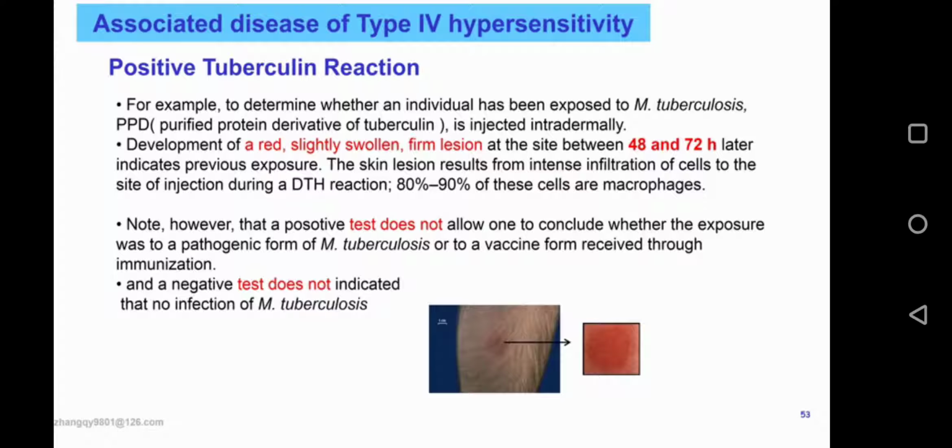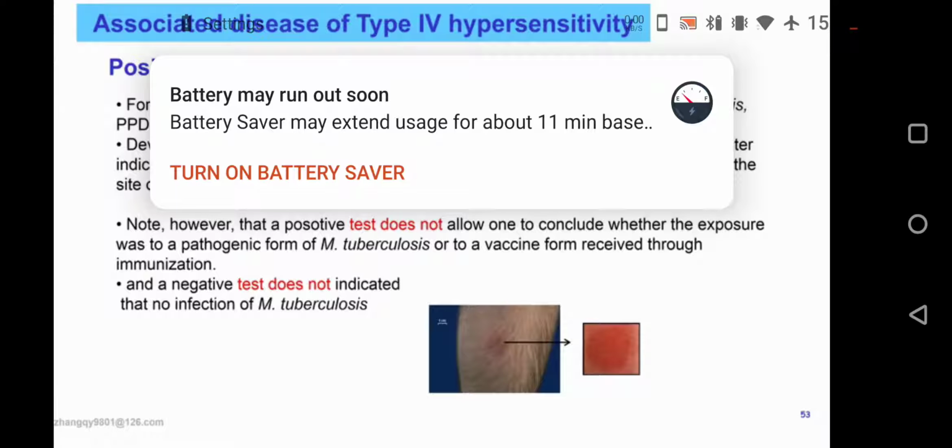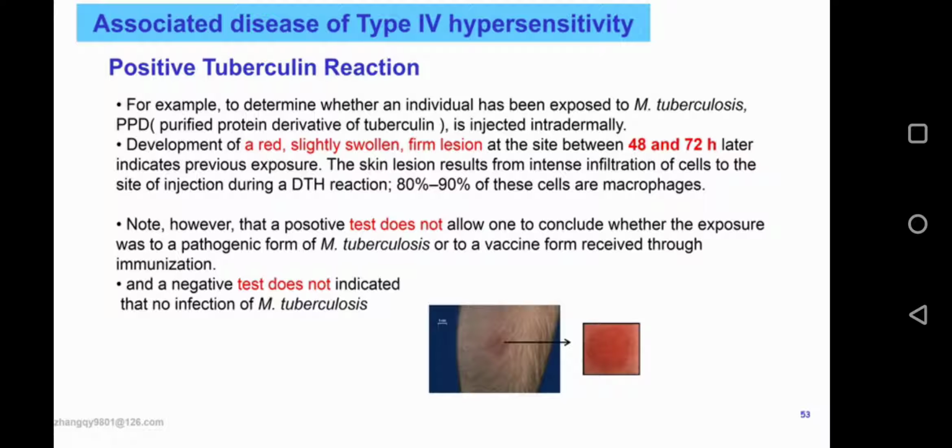Why is there a negative response? It means no response, right? Why is there no response? I think as a doctor, you should be careful to identify this and make a decision. Because most patients with tuberculosis infection may have other diseases. For example, a patient may have HIV infection.